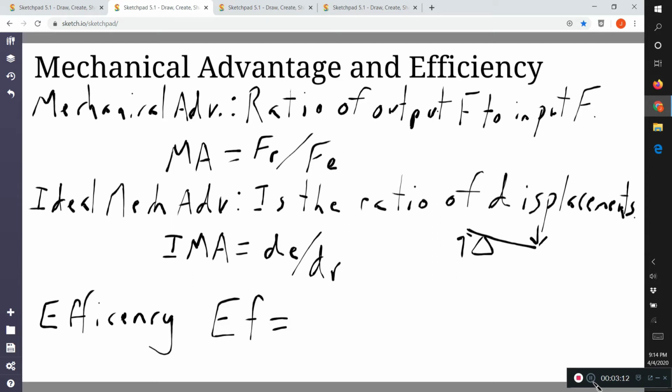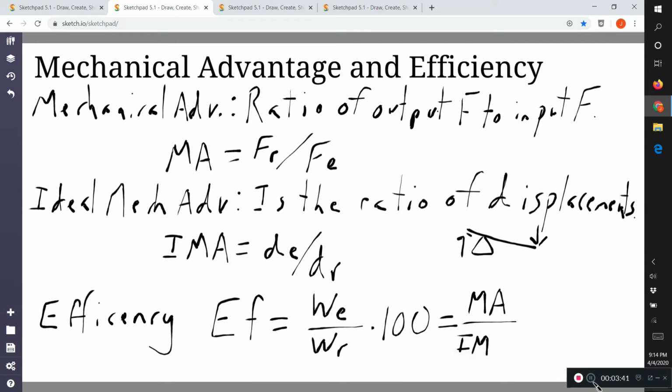The first formula for efficiency is the work we get put in divided by the work we get out times 100. And that's just to turn it into a percentage because efficiencies are usually labeled as percentages. We could also do it as the mechanical advantage divided by the ideal mechanical advantage times 100. So there's 2 formulas for efficiency depending on what information is more at hand.